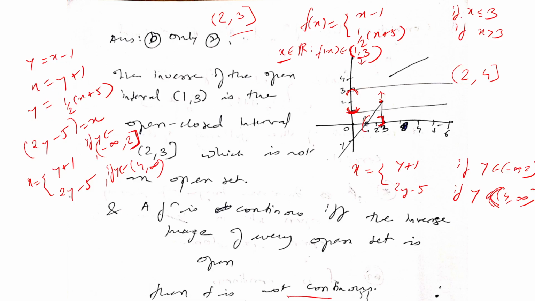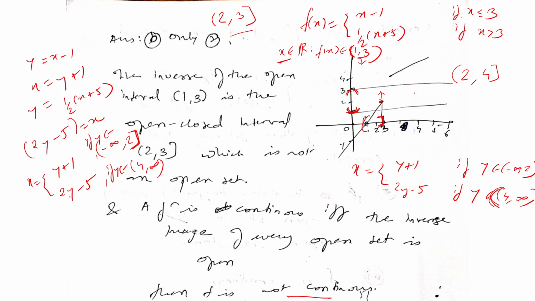If you put y is equal to x minus 1, you'll get x is equal to y plus 1. And if you put y is equal to half times x plus 5, then you'll get 2y minus 5 is equal to x. Okay. So basically you will get x is equal to y plus 1 if y belongs to minus infinity to 2 closed, and it will be 2y minus 5 if y belongs to open interval 4 to infinity. Fine.